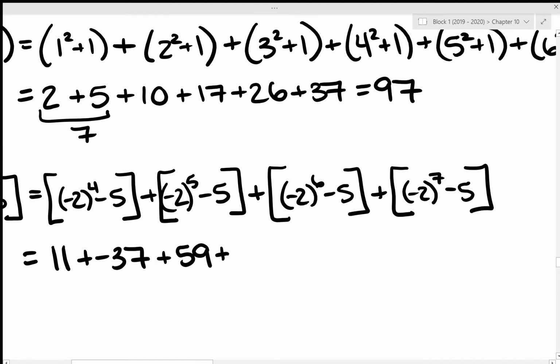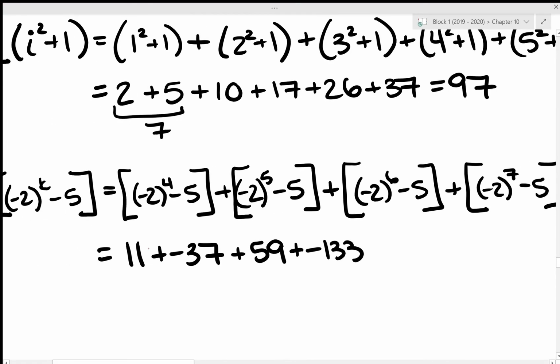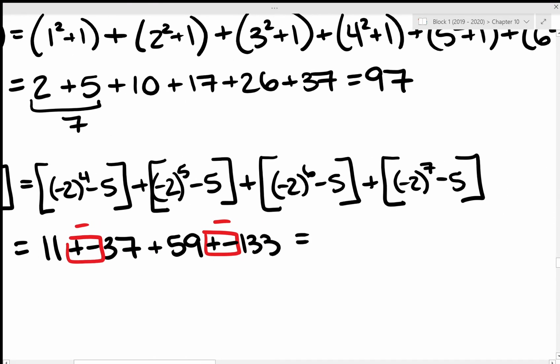Plus, negative 2 to the 7th is negative 128, minus 5 is negative 133. Remember, with your plus negative, it's really minus. So I'm doing 11 minus 37 plus 59 minus 133, and what I will get is negative 100.